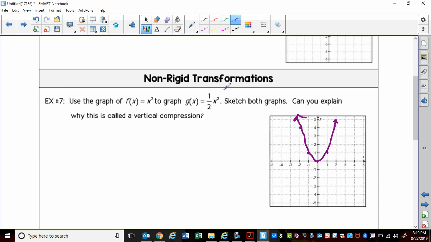But 1/2 x squared looks like this. So just a little bit compressed, but wider. Can you explain why this is a vertical compression?